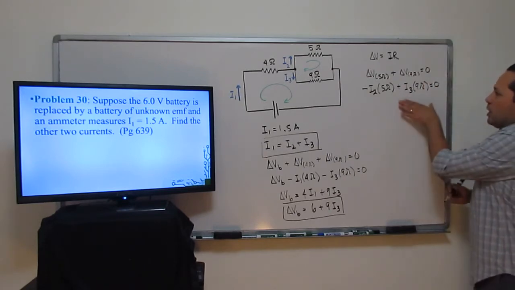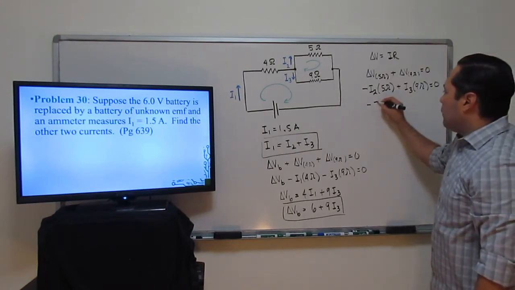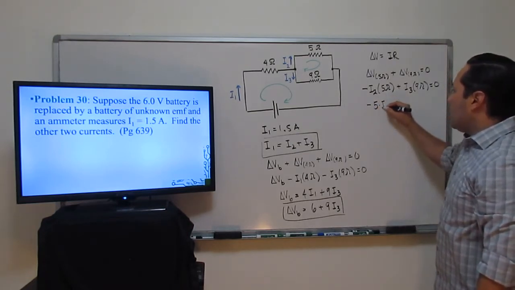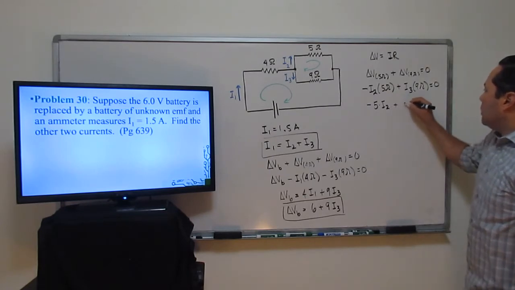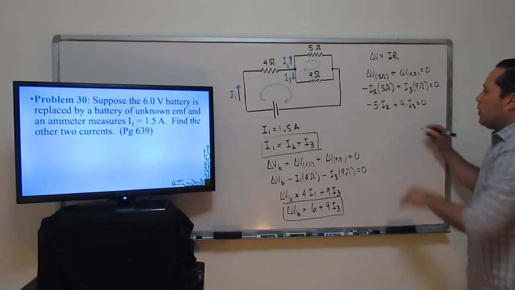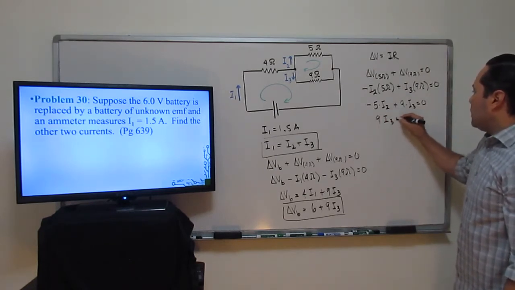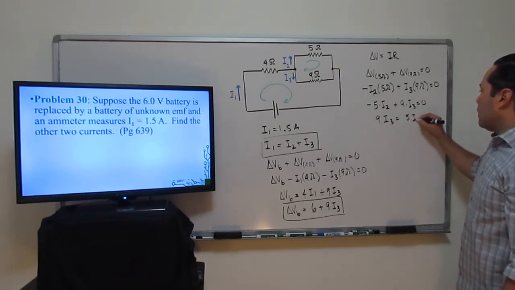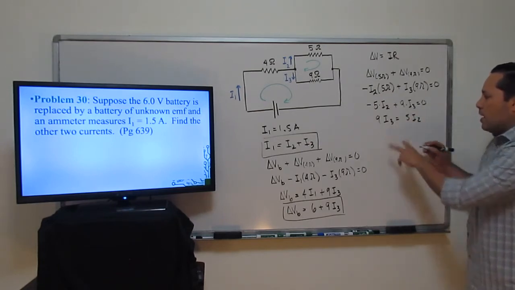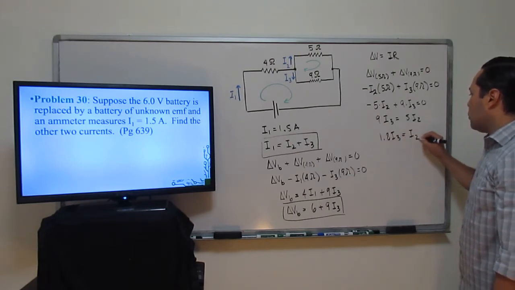Again, we're going to flesh this out a little bit more. We're going to put for this one negative 5 times I2 plus 9 times I3 equals 0. Move over the 5. So it's going to be 9I3 equals 5I2. I'm going to divide both sides by 5. So it is 1.8I3 equals I2.